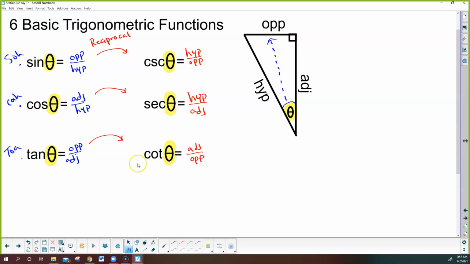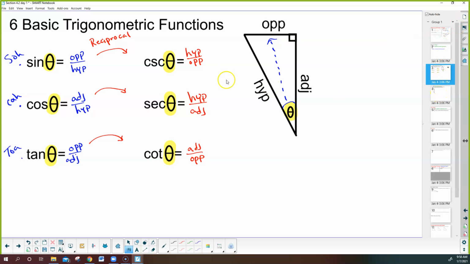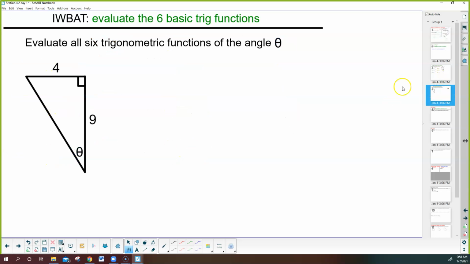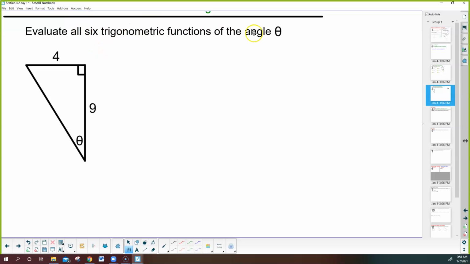So I kind of memorize these two, and then I know that the one that's left over goes to sine. All right, so what we're going to do then is take these newfound ratios and their reciprocals, and we're going to be able to generate all 6 of the trig functions from a right triangle based off of the reference angle theta.